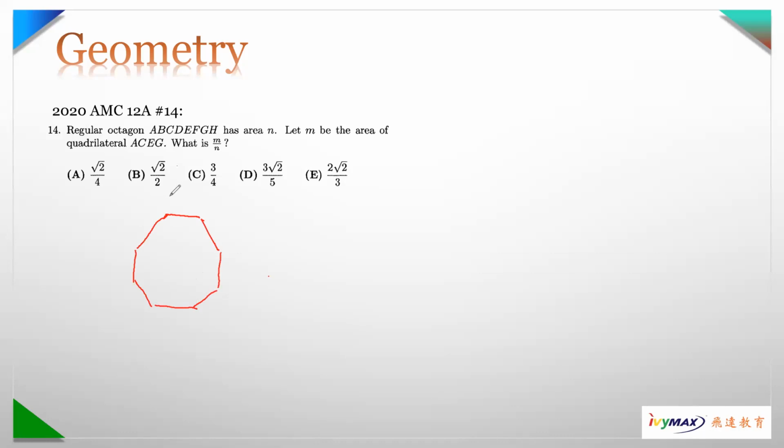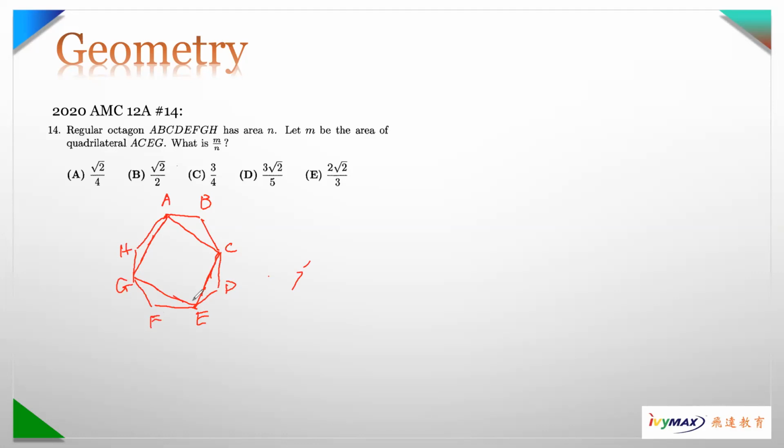I marked each vertex A, B, C, D, E, F, G, H. Then link A and C, C and E, A and G, and G and E. So that's the quadrilateral.